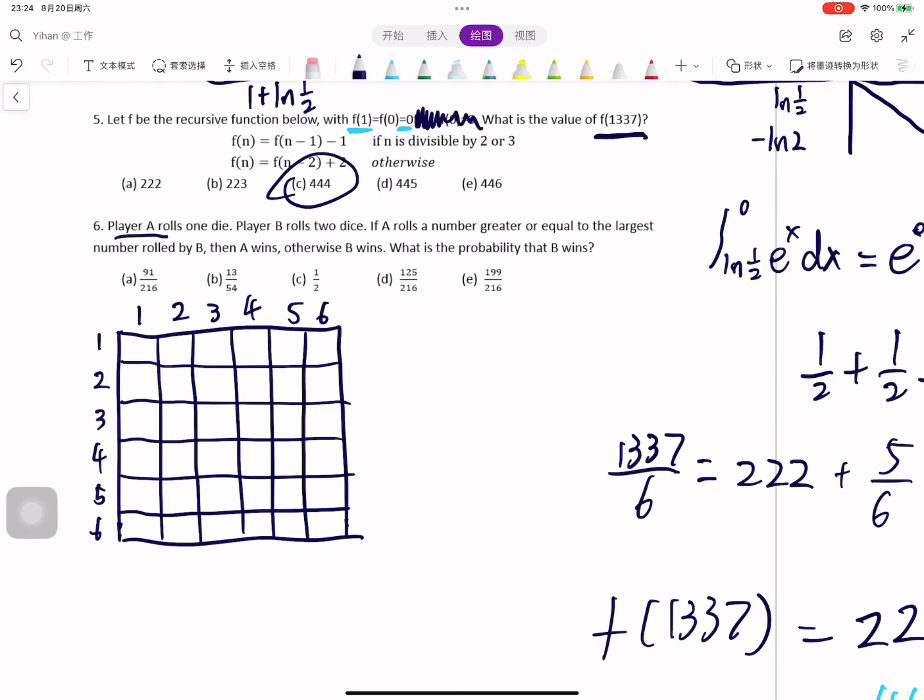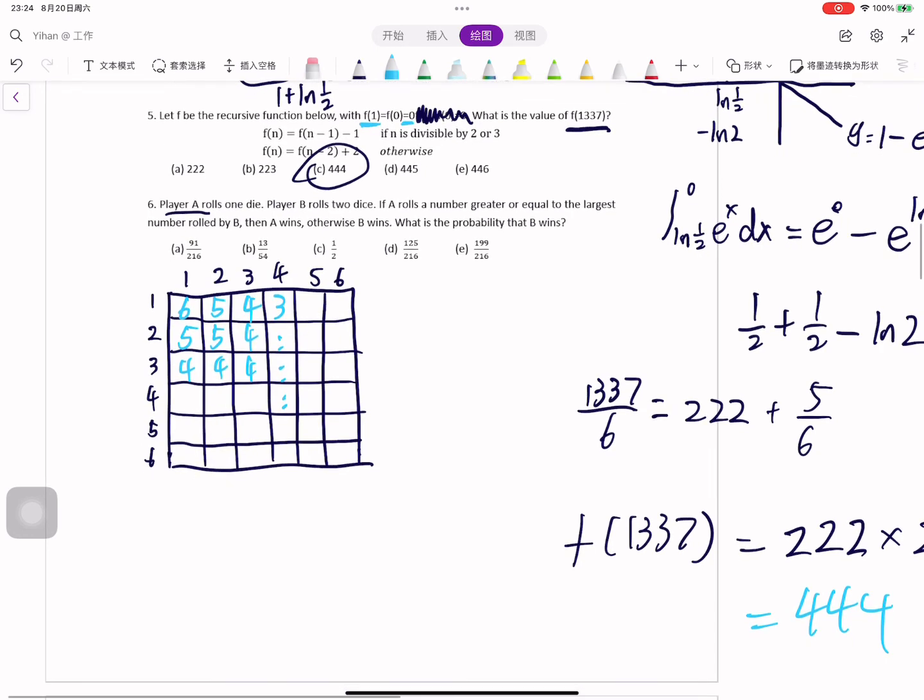So in this grid, we can find 6 possible situations that all of 1, 2, 3, 4, 5, 6 that player A dice, he will win. And in these 3 squares, he has 5 chances to win, and so do the other squares.